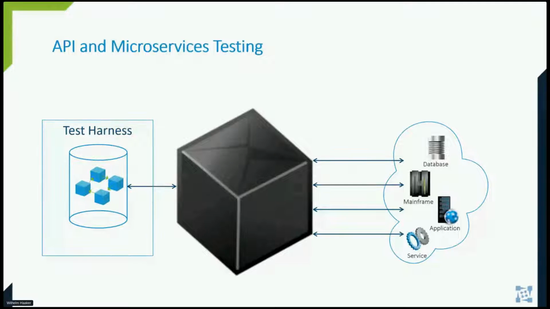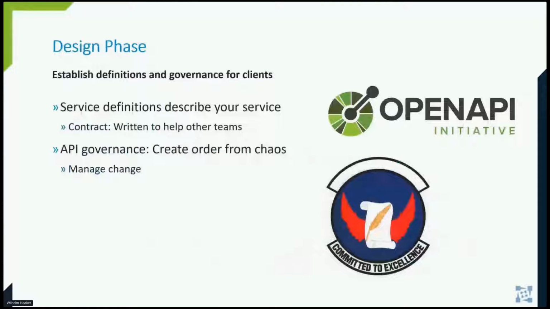But right now, I'm going to begin at the design phase where the microservice is planned and where the testing strategy needs to begin. A well-accepted API development best practice is to implement a service definition during the design phase. And for REST services, I see OpenAPI used most often.